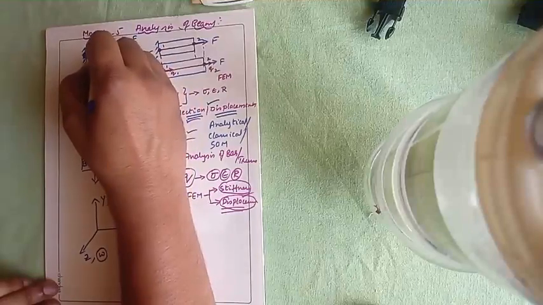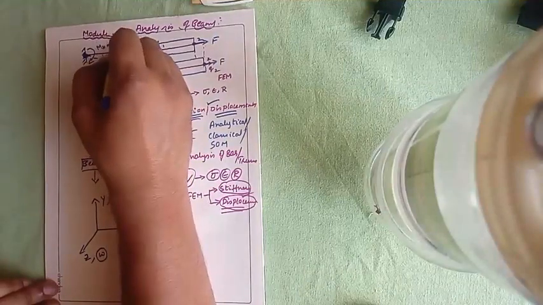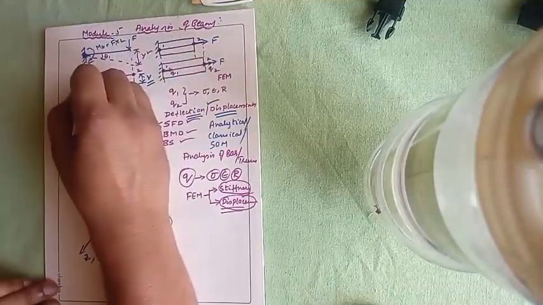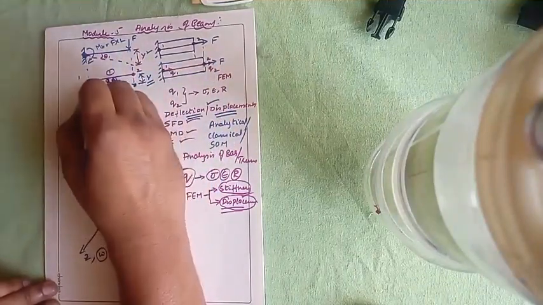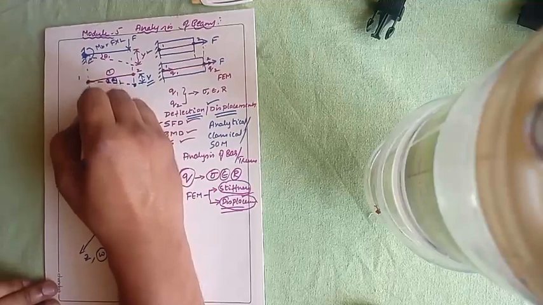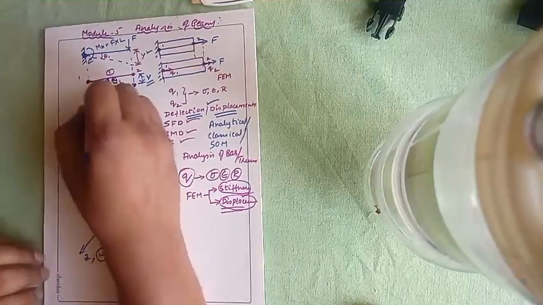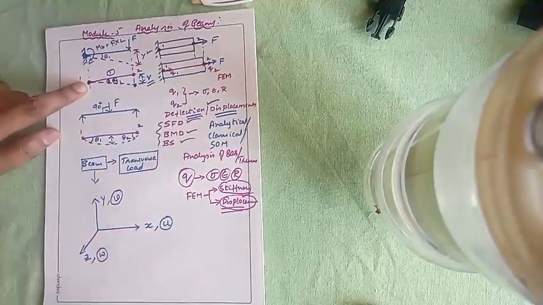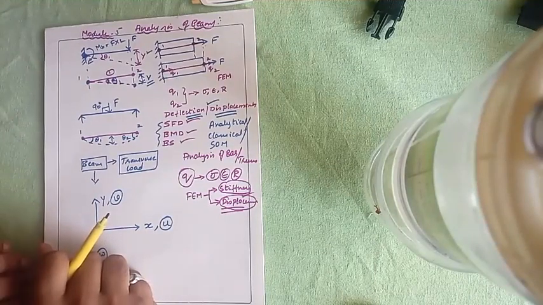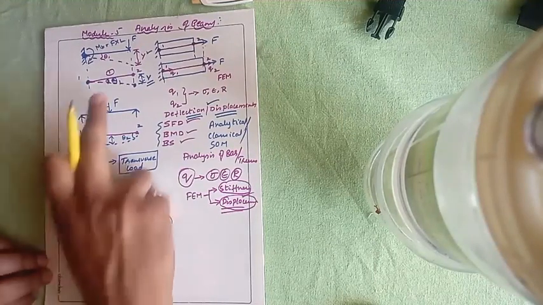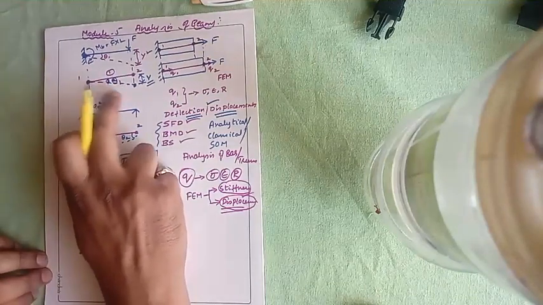That bending moment M B will be given by force into perpendicular distance L, if L is the length of the beam. Due to that bending moment, what is going to happen to my node 1? It is not going to be displaced. My node 1 is at this location itself, but it will be rotated by an angle. That is one more type of displacement you are going to concentrate on.